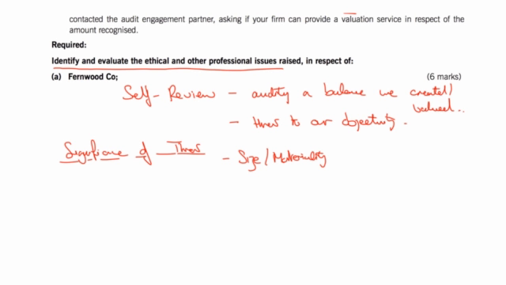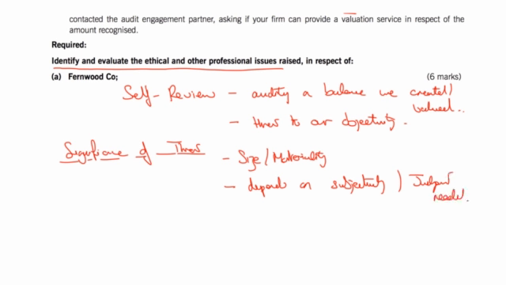What is special about the car or the computer is that you have something to measure it against. There is very little judgment or subjectivity. So the significance of the threat depends on the subjectivity of the item, on the judgment needed.